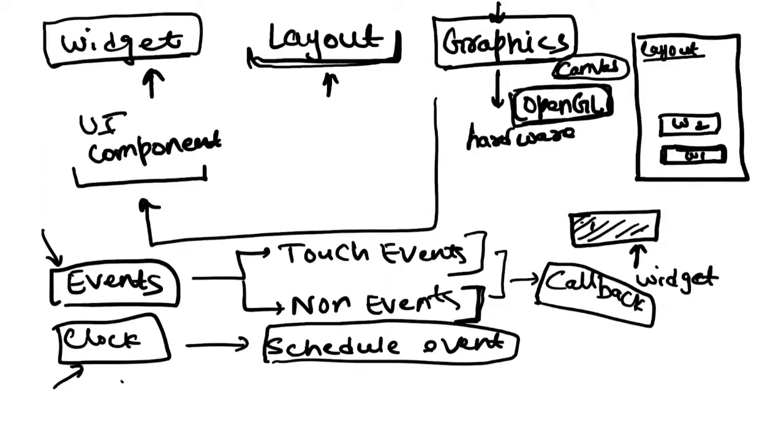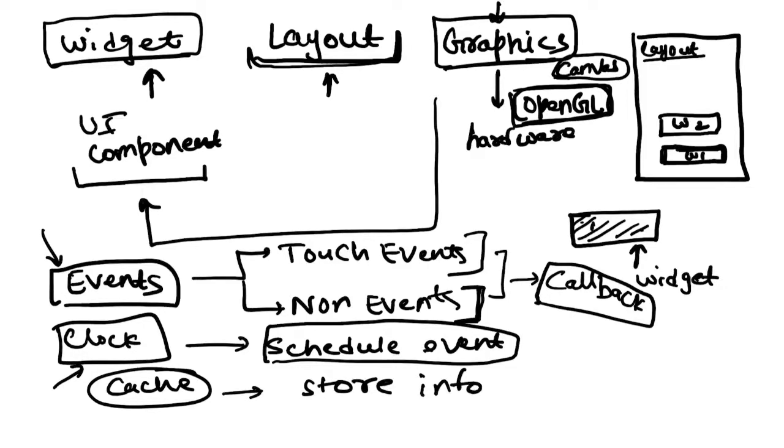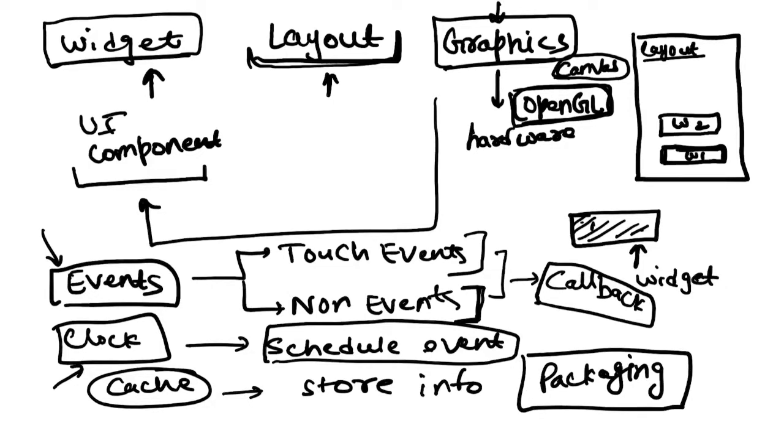Then there is a cache, using which you can cache something within your application. So this is to store certain information within your cache. So for this there is a caching component. Now there is a packaging component. So the packaging component is a separate component using which, let's say you have written Python code, all of your logic for your user interface, your UI application.